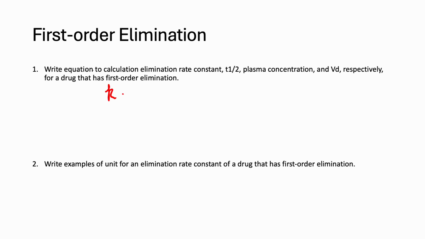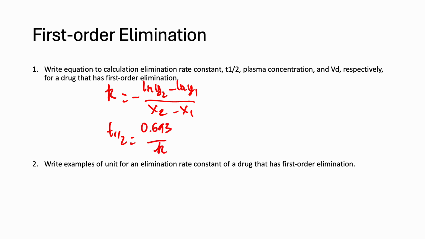In first order, K is equal to the negative value of natural log of y2 minus natural log of y1, divided by x2 minus x1. Half-life in first order is equal to 0.693 divided by K. In first order kinetics, both K and half-life are constant.